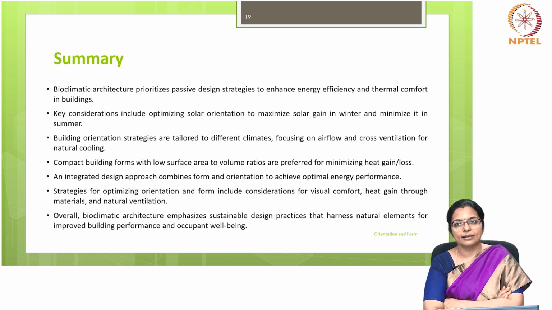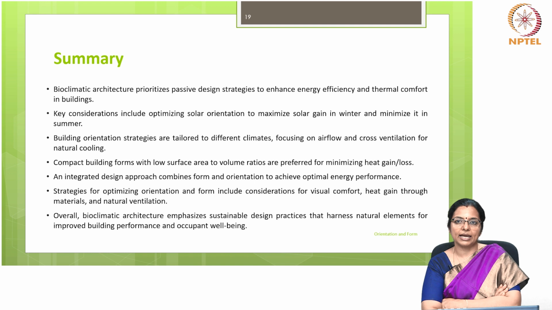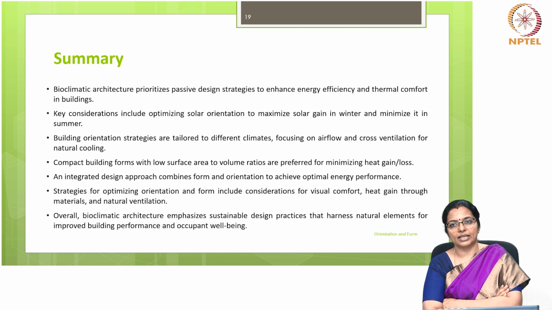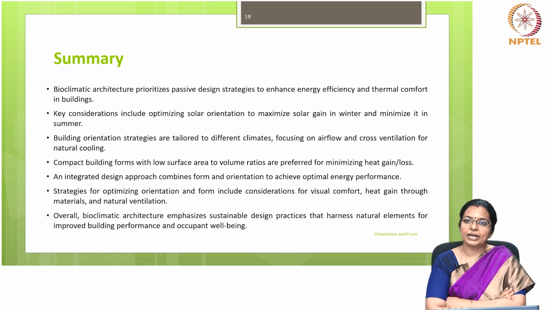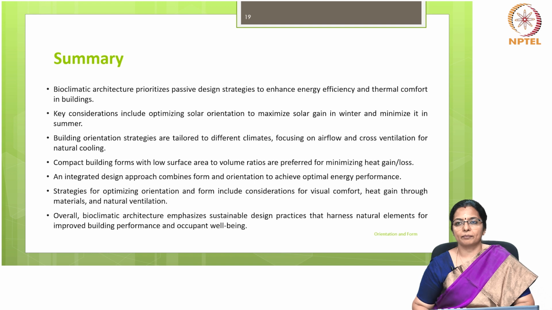An integrated design approach combines form and orientation to achieve optimal energy performance. Strategies for optimizing orientation and form include considerations for visual comfort, daylighting, heat gain through materials, and natural ventilation. Overall, bioclimatic architecture emphasizes sustainable design practices that harness natural elements for improved building performance and occupant well-being.